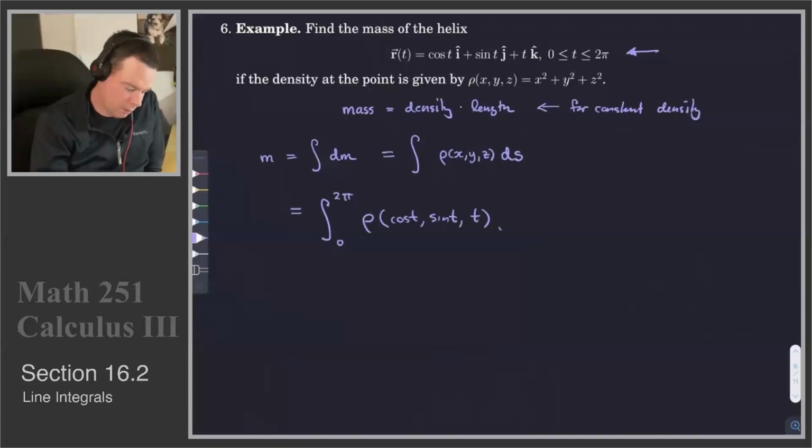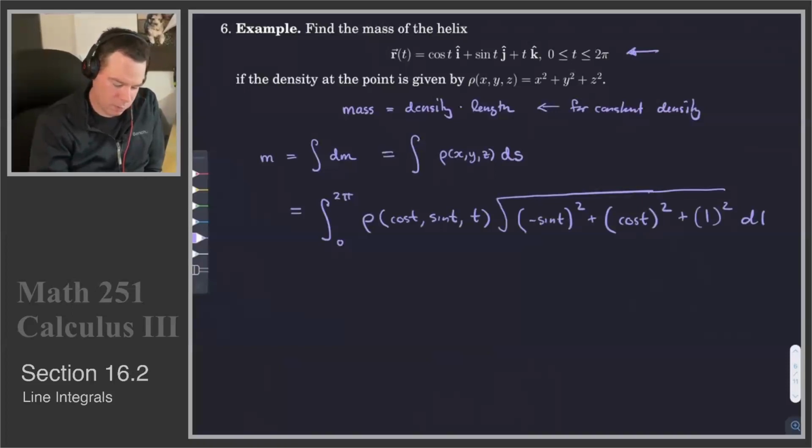What is ds? ds is the square root of the derivative squared. So derivative of x squared, that's negative sine t squared, plus the derivative of the y parameterization squared, so that's cos t squared, plus the derivative of z with respect to t, which is 1, all squared dt. And so there's our integral we need to compute.